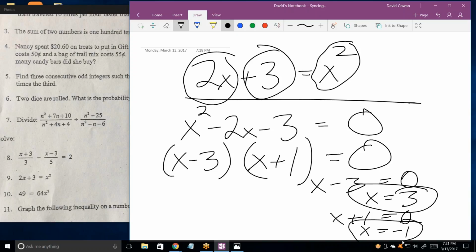And normally you need to go back and substitute both solutions and make sure they both work. Well, does 3 work? That would be 6 plus 3 equals 9. That's a true statement, so 3 works. Does minus 1 work?